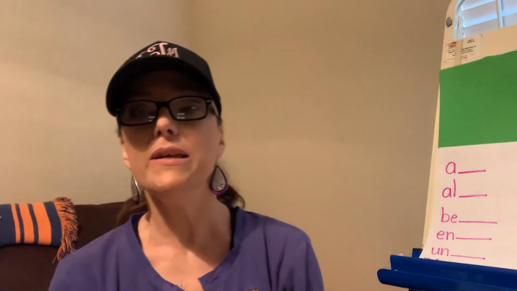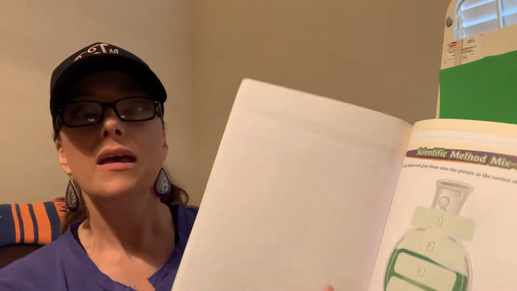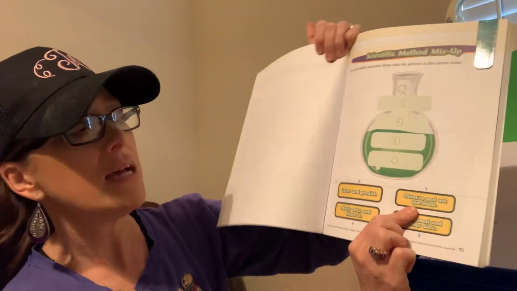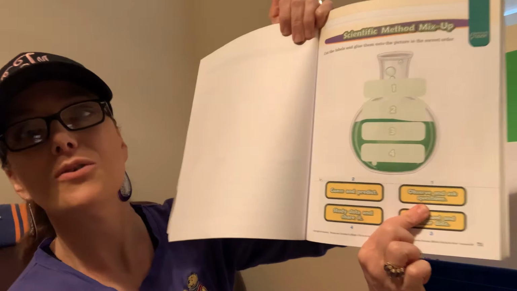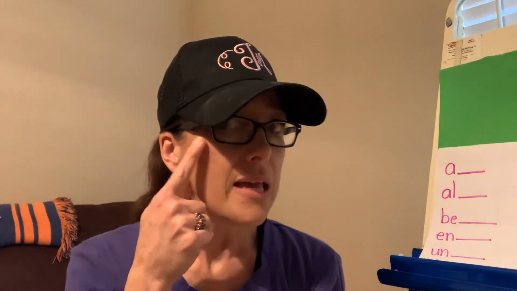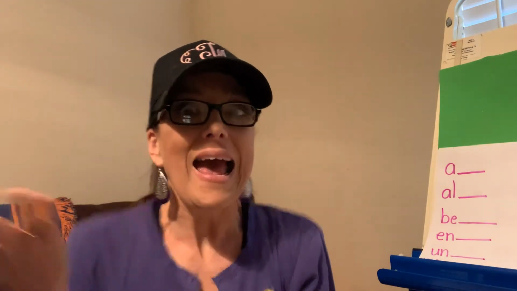And so when you're doing the scientific method, the first thing that we want to do is observe and ask questions. A scientist will always begin observing. That means looking with our eye and asking questions. Your who, what, when, where, how, why, those questions.